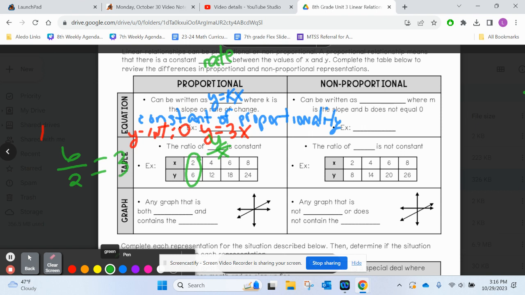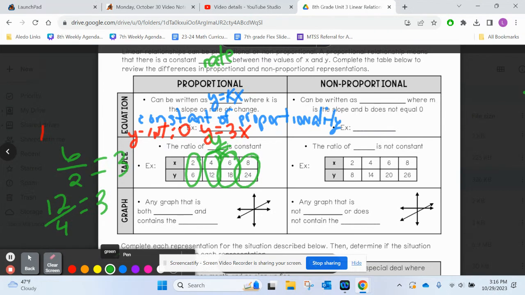If I do my y over x here, that would be 12 over 4. 12 over 4 is 3. And then the same result here. 18 over 6 is 3. 24 over 8 is 3. And so that ratio, y over x, is the same every time. And that's unique to a proportional relationship. And so our constant of proportionality would be 3.